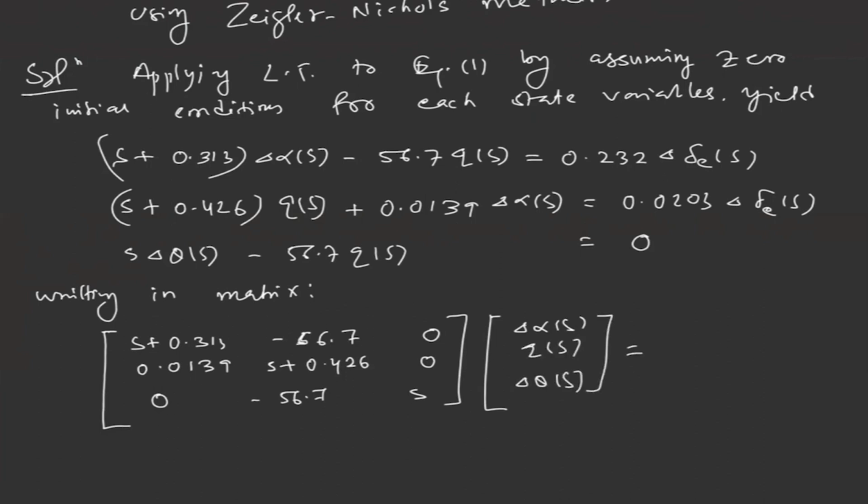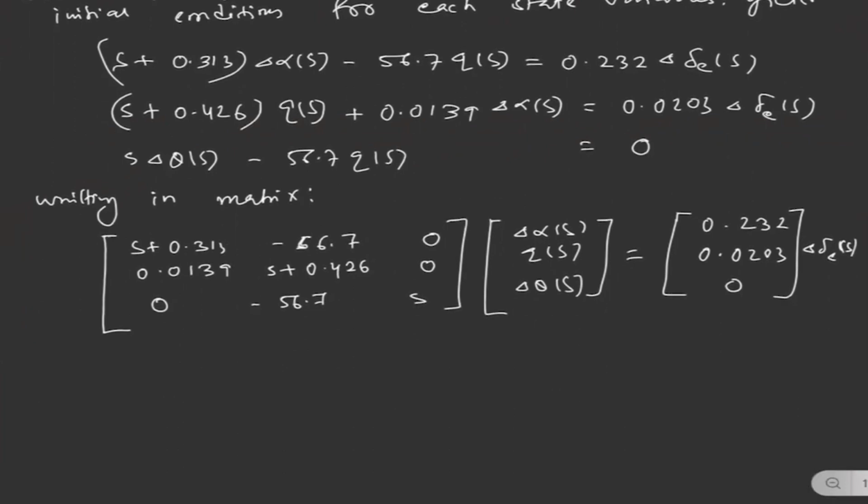And here we'll have 0.232, 0.0203 and 0, and we'll have delta delta E(S).